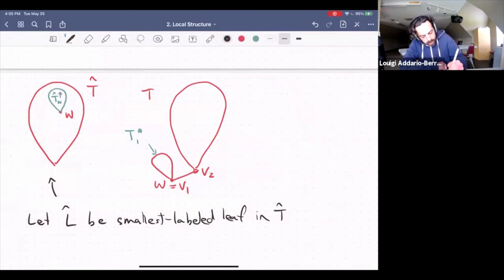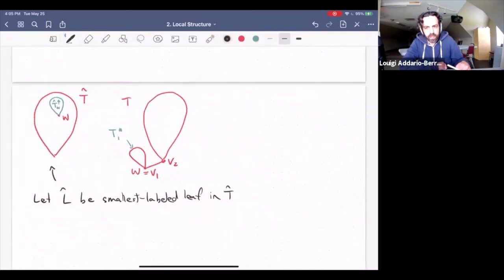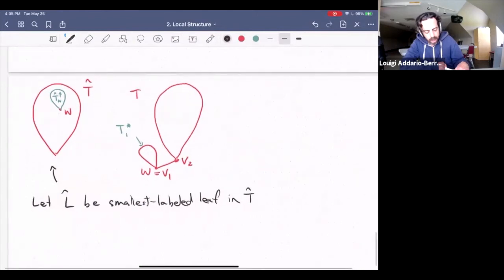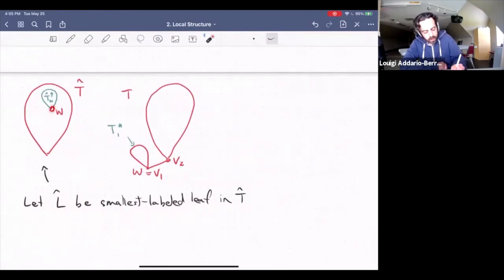But I gave you an exercise just before the break, which said that with high probability, if we pick a random vertex, then the smallest labeled leaf is not in its subtree. So the typical picture is that the smallest labeled leaf is sitting over here somewhere. We have a path from the root of this tree up to W, and then somewhere there's a branch going off, and the smallest labeled leaf is over here.